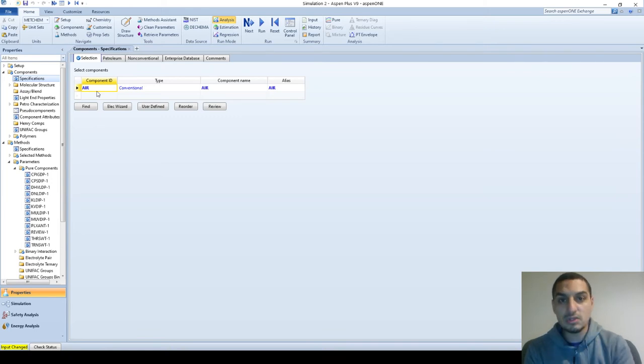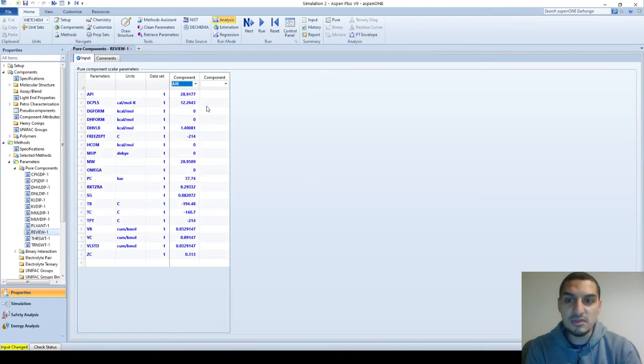So I mean you're not using it in distillation to separate oxygen from nitrogen, or in a reactor that will react with oxygen or nitrogen alone. So you're dealing with them as a package as air, so you can put it as air. And you can find all the information and all the details about the air, the physical properties, and the density, viscosity, critical temperature, critical pressure, boiling point, and all these stuff are available here if you are interested in finding them.